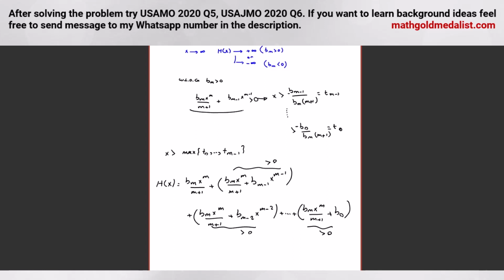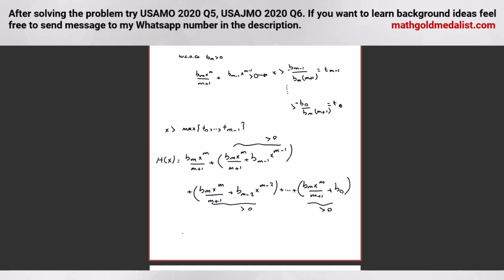Because we said this one is positive. 1 over m plus 1 of this is positive. We consider 1 over m plus 1 of this for itself, 1 over m plus 1 with the next m terms. So do you agree it is h of x and all these terms are positive? And now, do you agree it will be greater than bm xm over m plus 1?